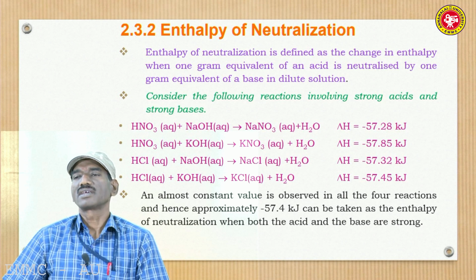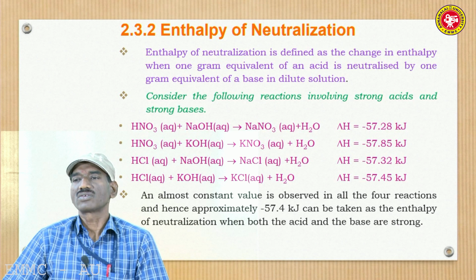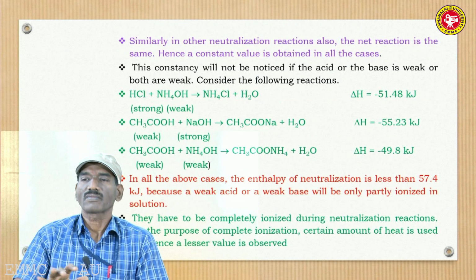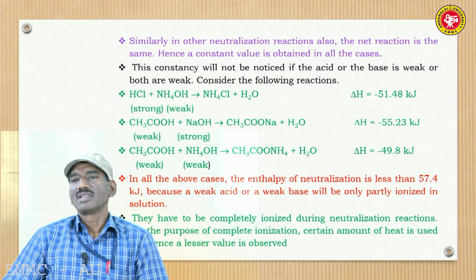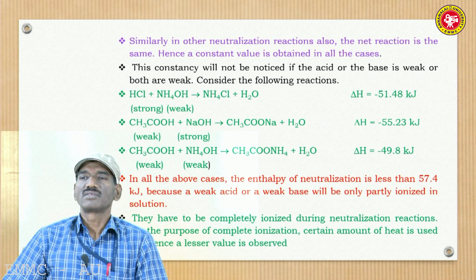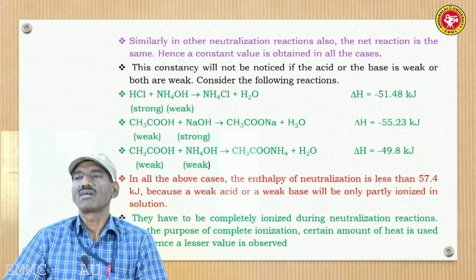In all the cases we have 57 as a constant value for strong acid and strong base. Similarly, in other neutralization reactions also the net reaction is the same, hence the constant value is obtained in all the cases. This constancy will not be noticed if the acid or base is weak or both are weak.